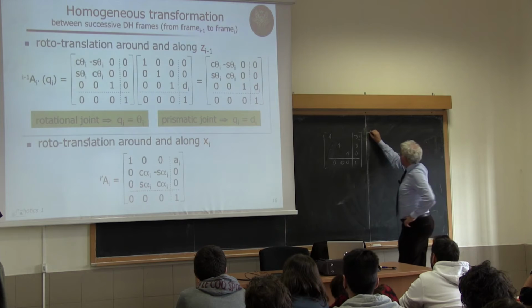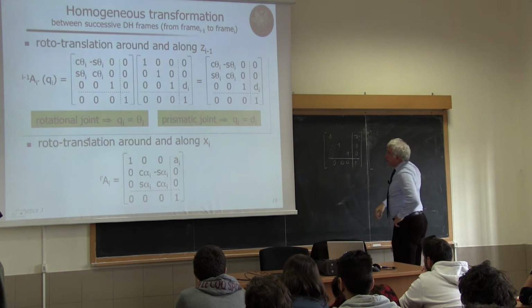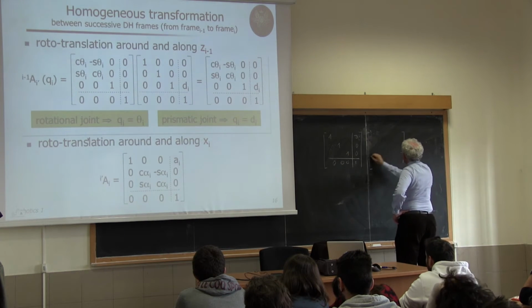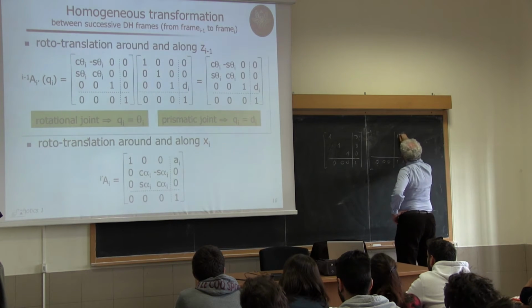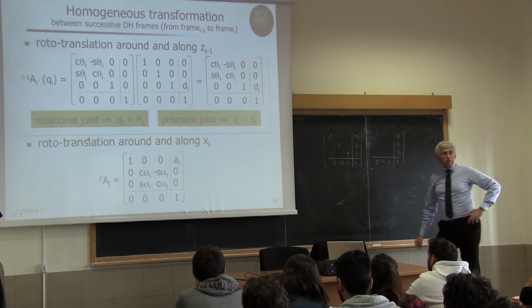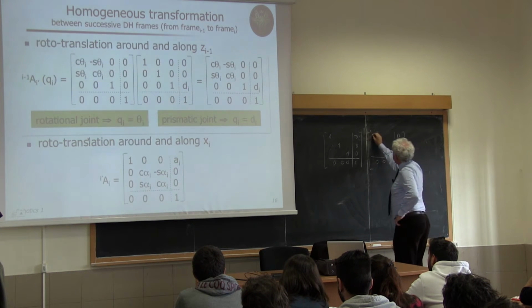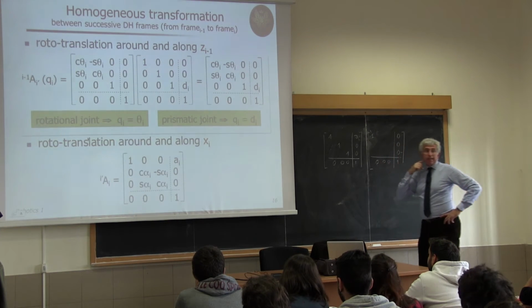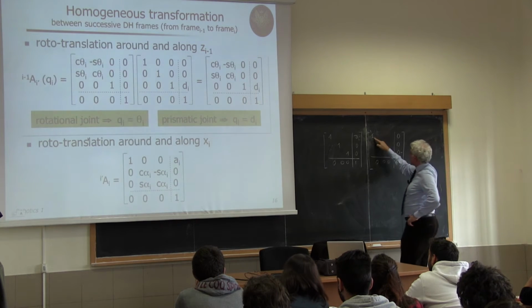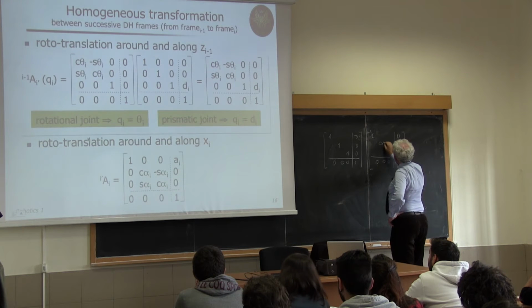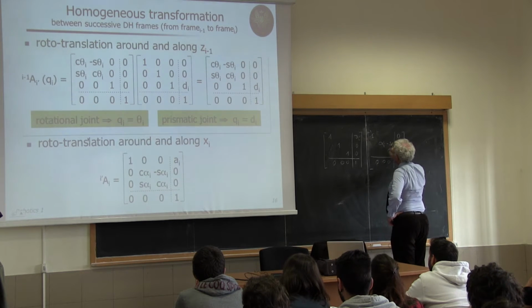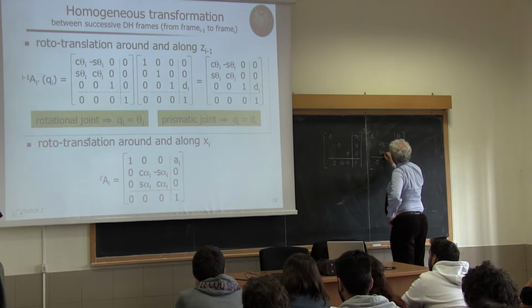And then a rotation around x_i. So again, the last row is 0, 0, 0, 1. There's no translation, so 0, 0 here. And then the elementary rotation around the current x-axis, which is x_i, has a 1 here, and then by an angle alpha, and there's 0, 0 here.